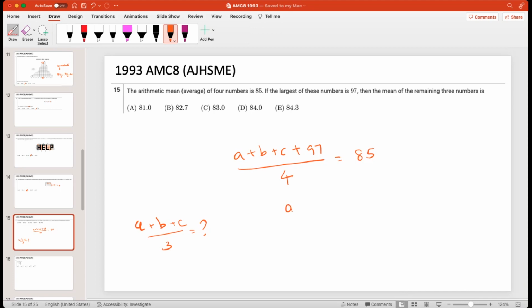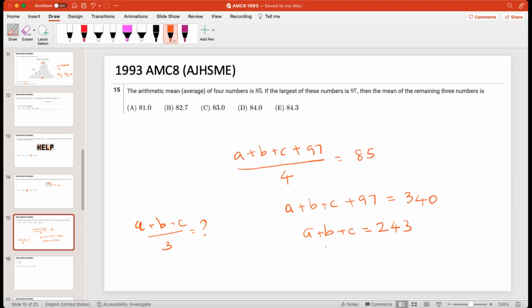So let's do that. So I'm going to say A plus B plus C plus 97 is equal to 85 into 4, right? So that will be 340, right? So A plus B plus C is going to be 243.